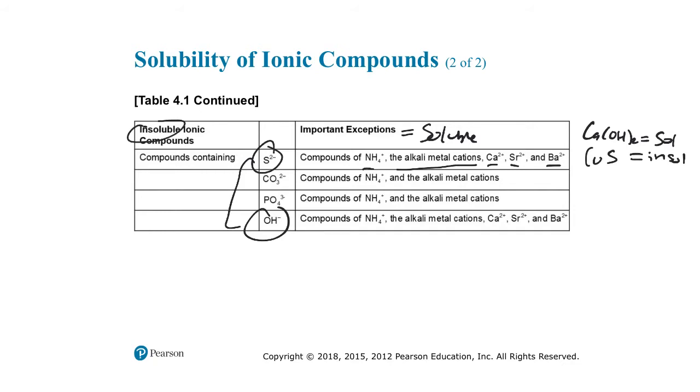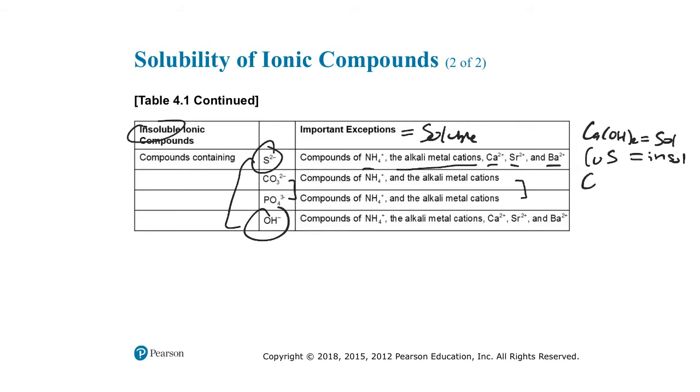And so then if we look at carbonate and phosphate, their only exceptions are the things we already knew were soluble, so compounds of ammonia and the alkali metal cations. Now, I don't know why they don't extend to other anions as well as carbonate and phosphate, but I think if you look at other ions, you start to have some random exceptions and not just a neat group like carbonate and phosphate have here.